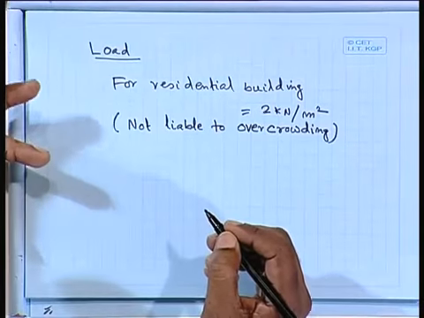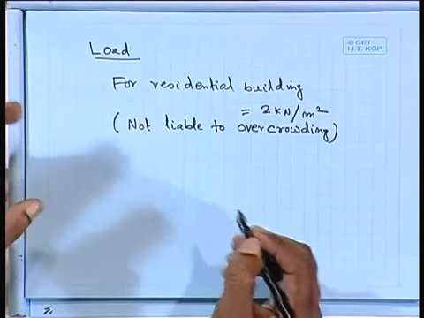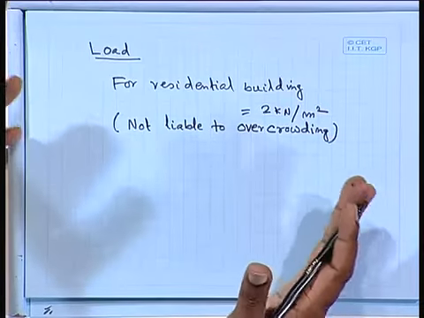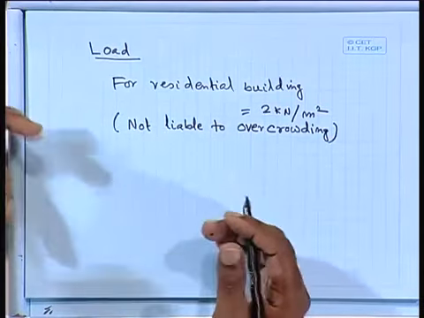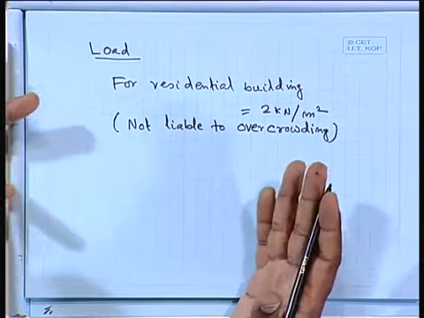But in public buildings, the balcony and the staircase are regular features that are very frequently overcrowded.